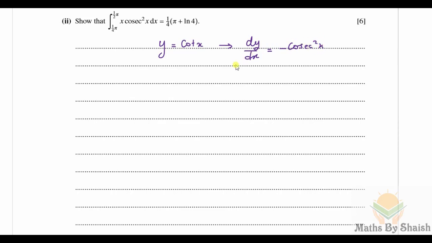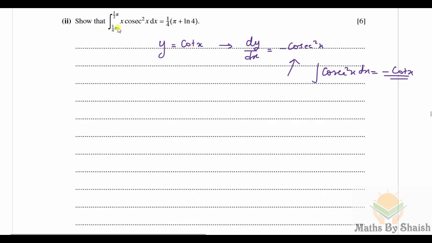So it means the integration of minus cosec square x would be cot x, or we can say from here the integration of cosec square x dx will be minus cot x, because they are the reverse of each other. So this is what we are going to use here.